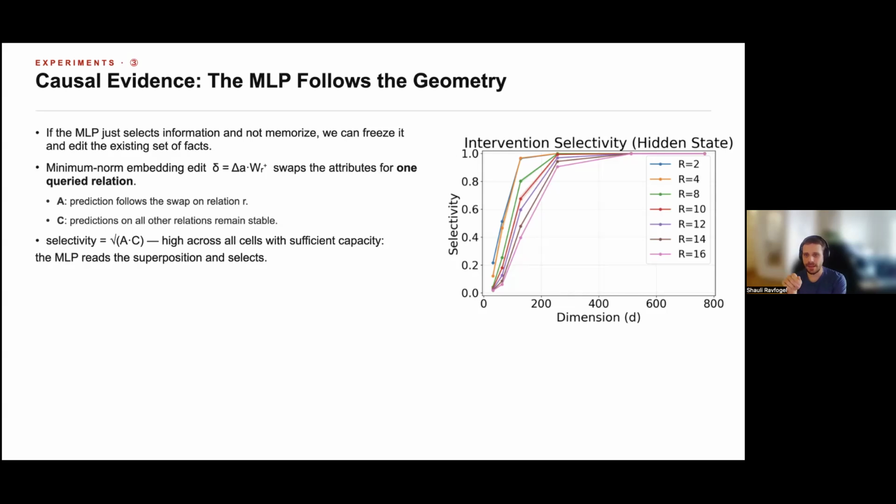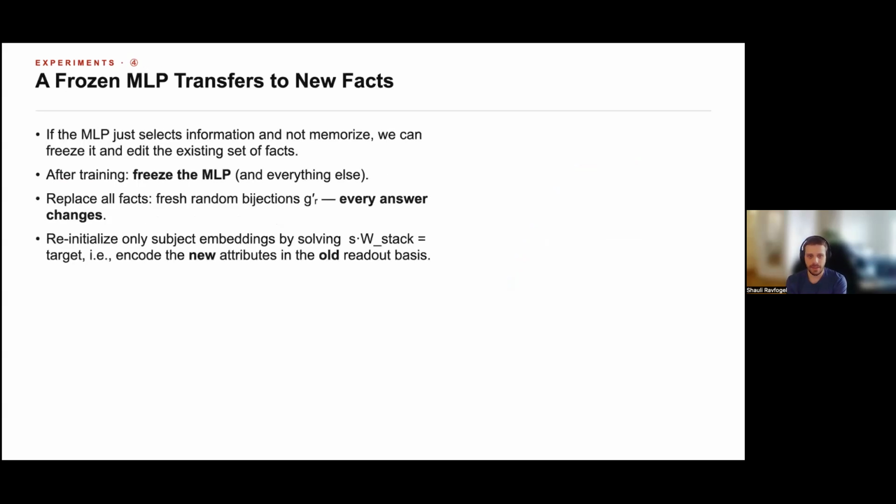The y-axis is this selectivity score, where higher is better. And indeed, we find that above a certain dimensionality, we get almost perfect selectivity. So we are able to update the fact system without changing the MLP at all, showing that the MLP probably doesn't store anything. It just selects something from the embeddings.